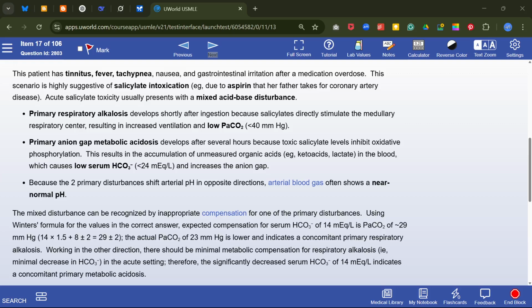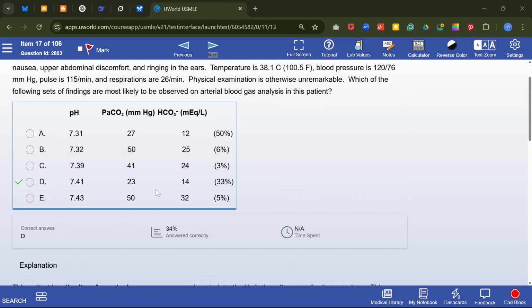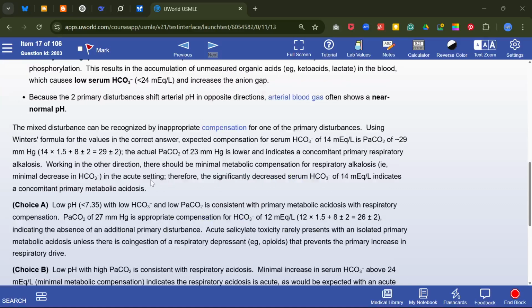So according to Winter's formula, 1.5 times bicarbonate 14 plus 8, plus or minus 2, the expected PaCO2 is between 27 and 31, but the PaCO2 is 23.